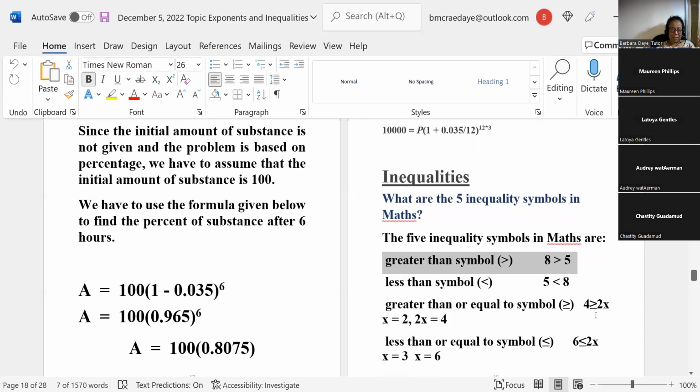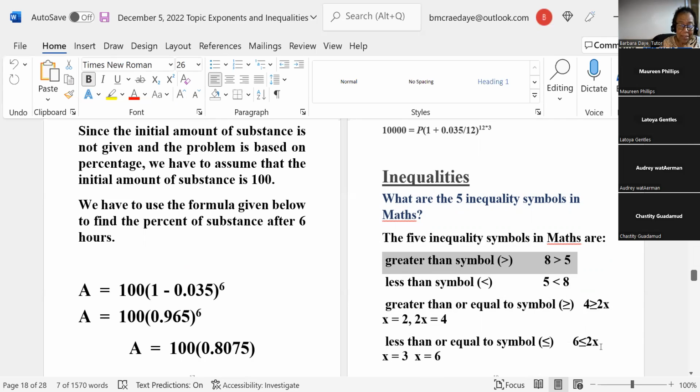4 is greater than or equal to 2x, right? So can x be equal to 2? Yes, because it says greater than or equal, and 2 times 2 is 4. Less than or equal: 6 is less than or equal to 2 times x.